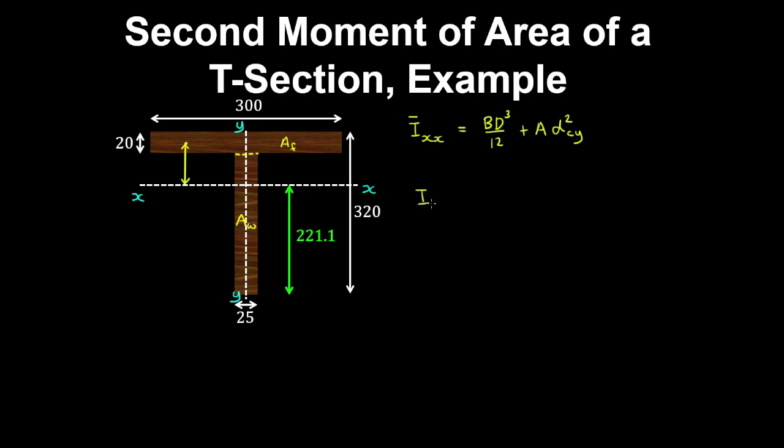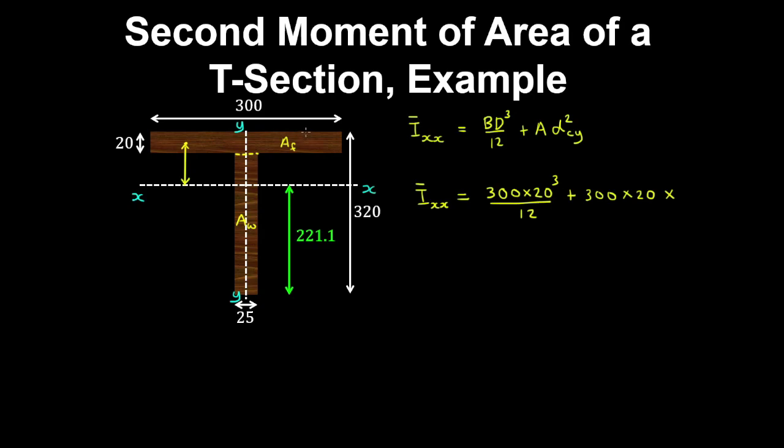So therefore the second moment of area of the entire section about the centroid is equal to the contribution from the flange, so that will be the width by the depth cubed on 12, plus the area of the flange, which is 300 by 20, and then we multiply this by the distance of the centroid of the flange to the centroid of the section.